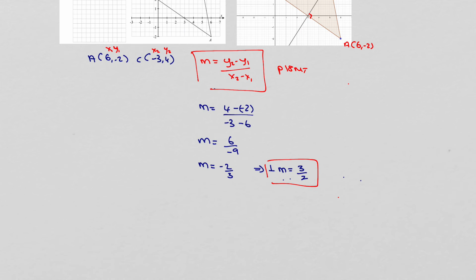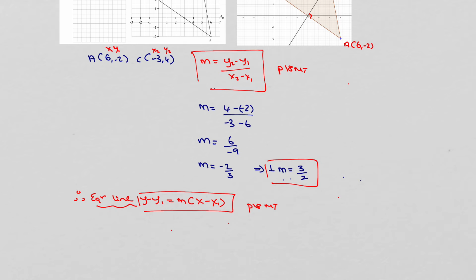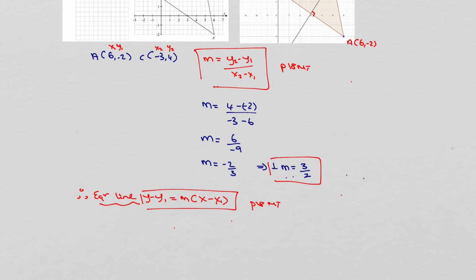So therefore, to find the equation of the line, the equation of the line formula, again, is on page 18 of our maths tables. So it's y minus y1 equals m times x minus x1. And of course, we have to make sure we're putting in the correct point and the correct slope. So our perpendicular slope here is 3 over 2.